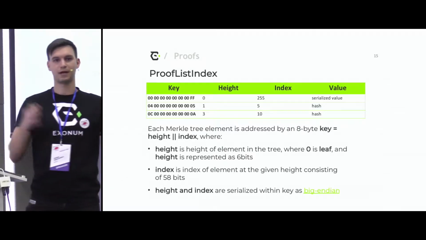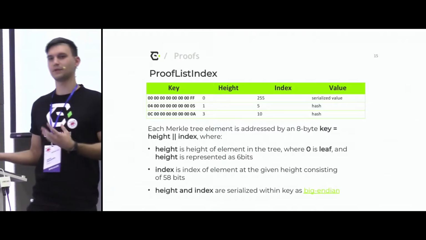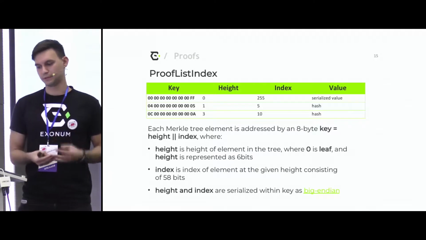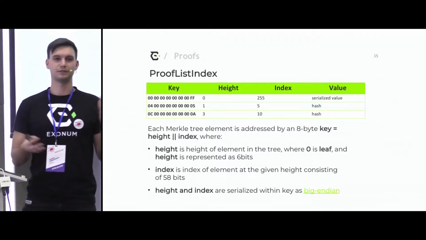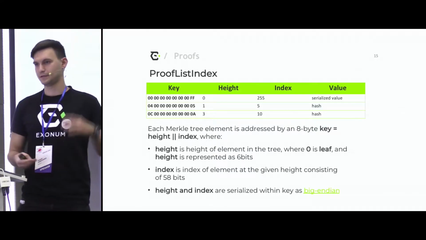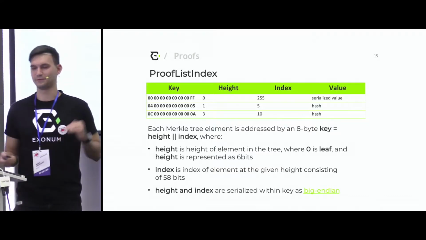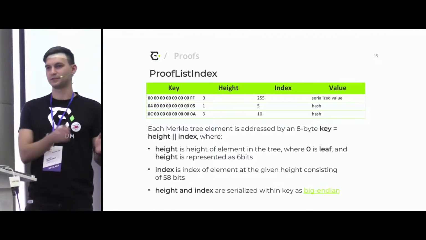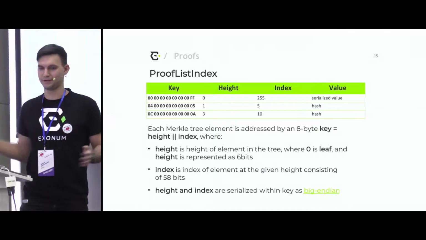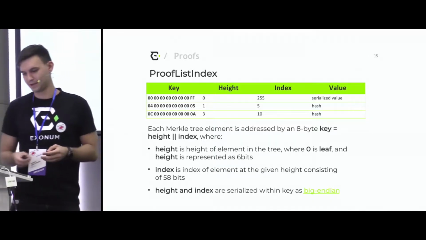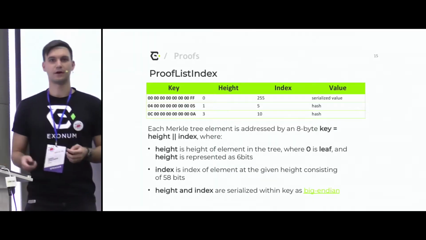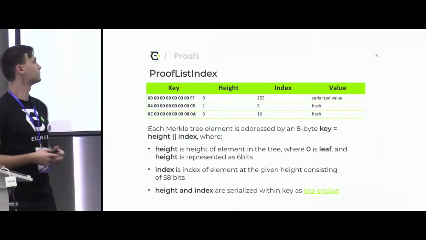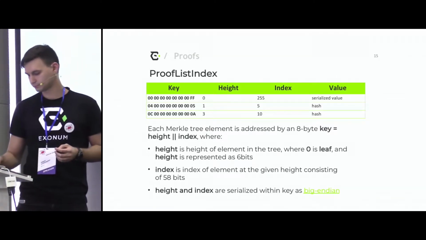So we need to encode our tree with some indexes. How do we encode it? The key consists of height and index. The height is the height of the tree, and the index is the position, like a horizontal key in the tree. This is an example of how some values will be stored in the table.